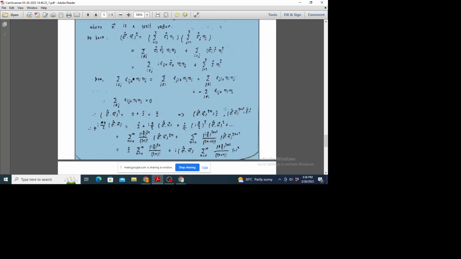Now you can easily see that since (sigma dot n) squared is identity, that means (sigma dot n) to the power 2n is also identity, because this is the nth power of (sigma dot n) whole squared, and identity to the power n is identity. This is valid for any n greater than or equal to 0.